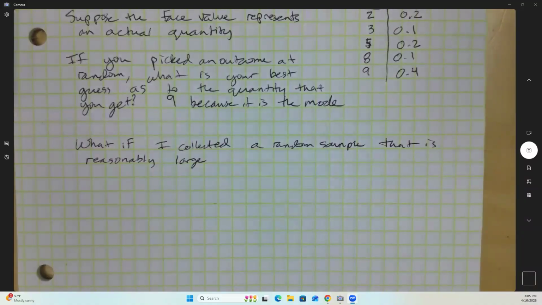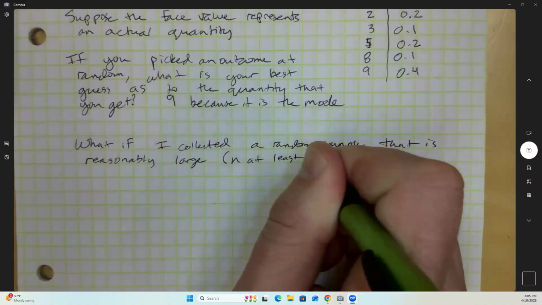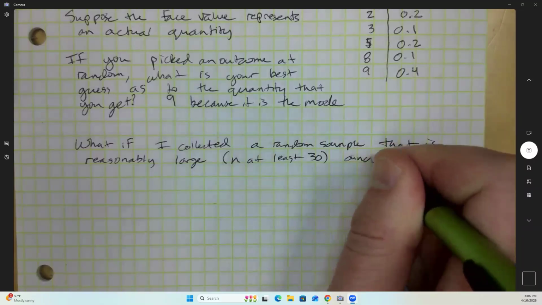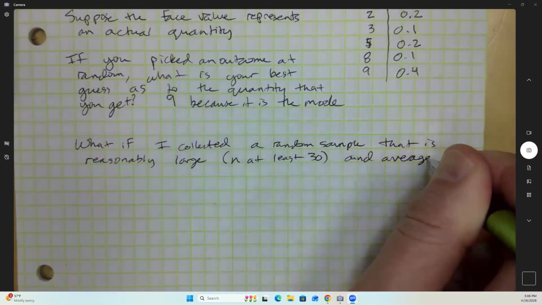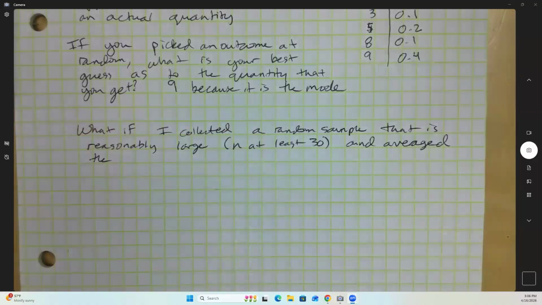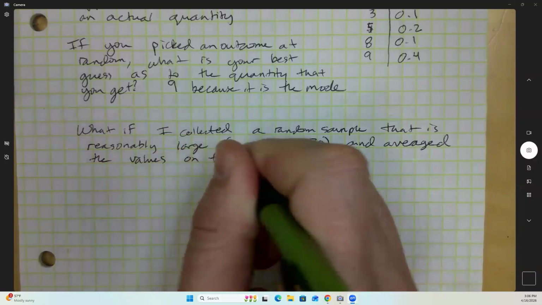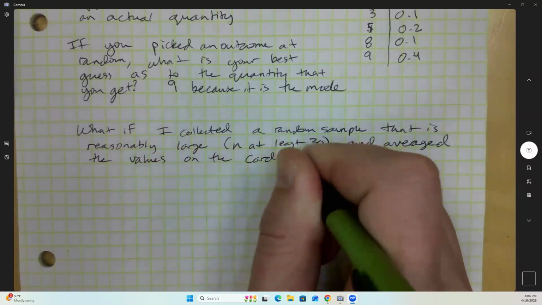Yeah, 30 or more, right? And at least 30. And averaged the values on the cards that I picked each time.